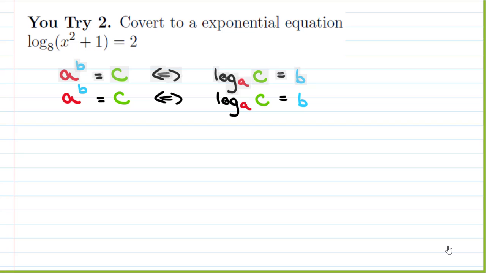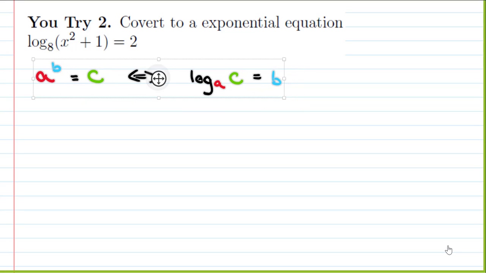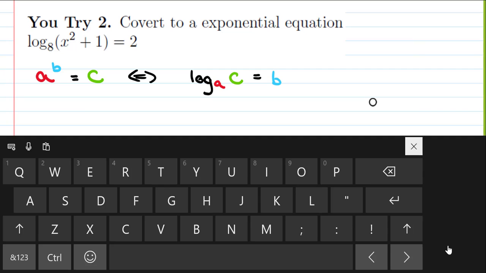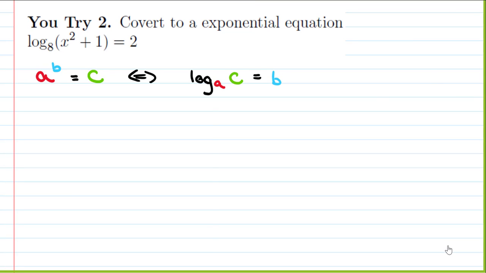So if we start and identify our bits this time, we have our logarithm and we want to convert to an exponential. So our base is going to be 8. Our c is the argument of the logarithm, which is x squared plus 1. And our b is going to be 2. So the base in the logarithm is the same as the base of the exponential. So we have 8 raised to the b power, which is 2, is equal to c, which is x squared plus 1.